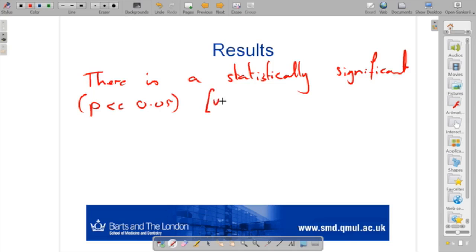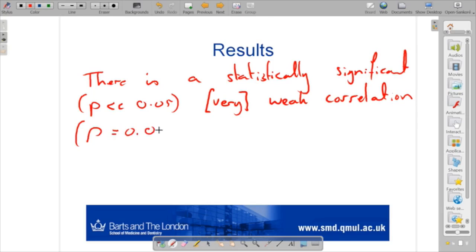We could call it a very weak if we like. But correlation. And what we'd say here, in the correlation, we'd express that as a rho is equal to 0.08, I think is roughly right. Between rank and weight.